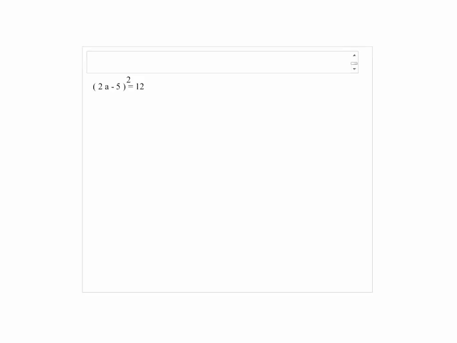Solve by the square root property. 2a minus 5 squared equals 12. So by using the square root property, we're going to take a square root on both sides and make sure you put a plus minus in front of the square root of 12.